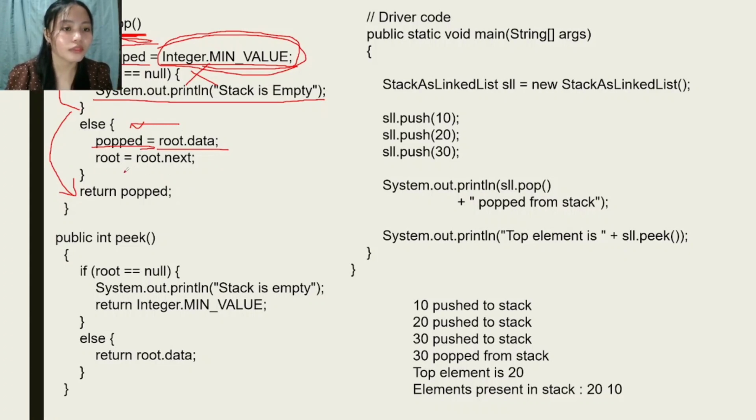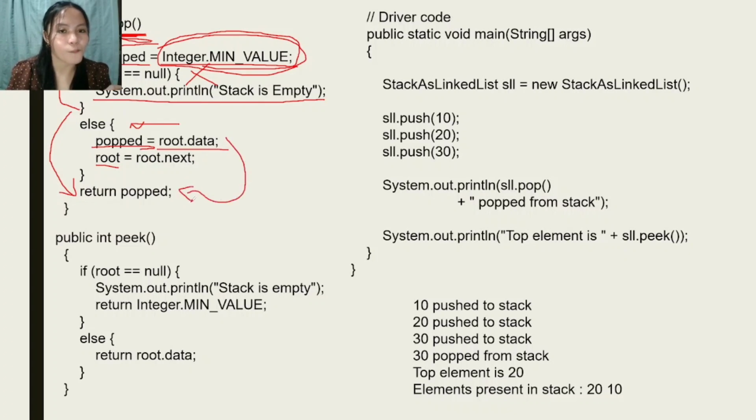Then our root will already be the next of the root. Since our root is now stored in the popped variable, the next node, or the next of the root, will already be the root. Then return popped.